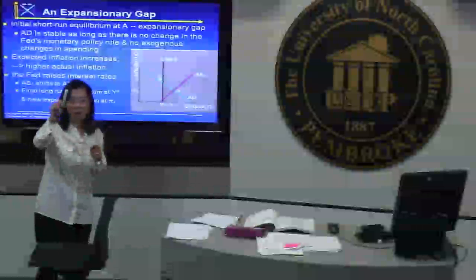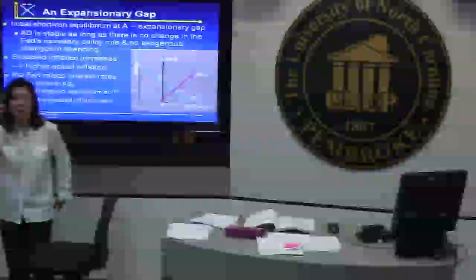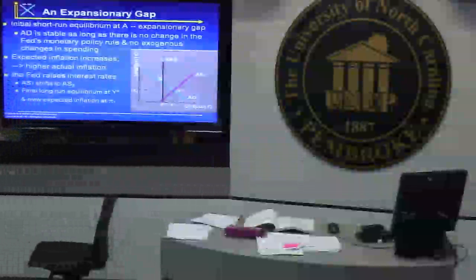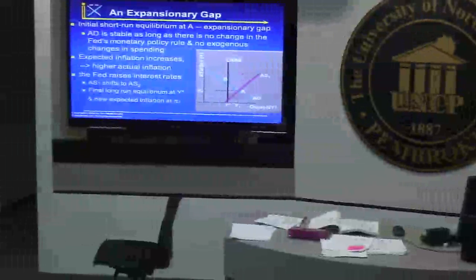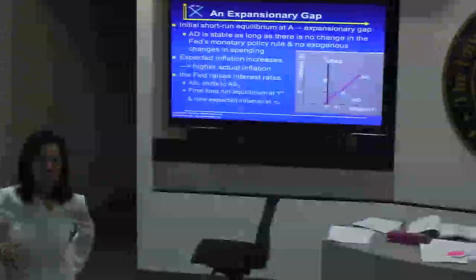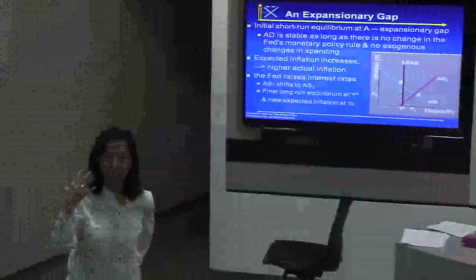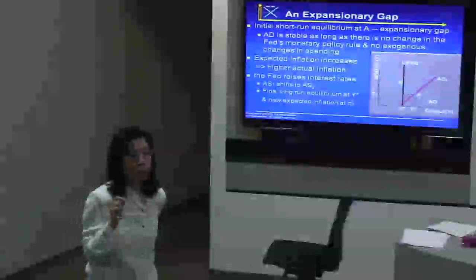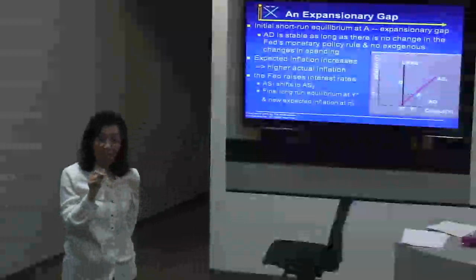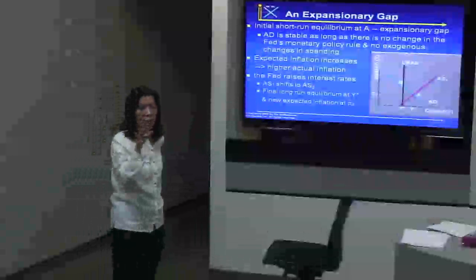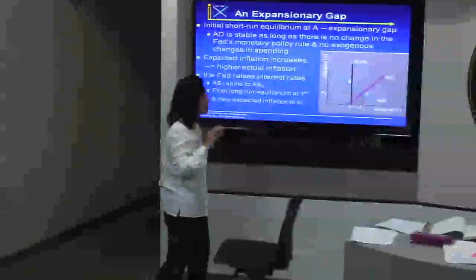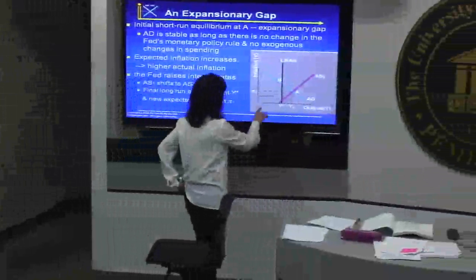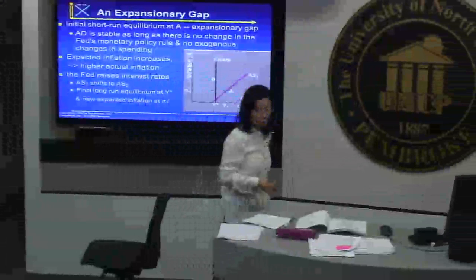So number one, contractionary monetary policy by raising the interest rate. Or, one more, contractionary fiscal policy: lower government spending, lower the government expenditure, and or what do you do with tax? Raise it. Very good.